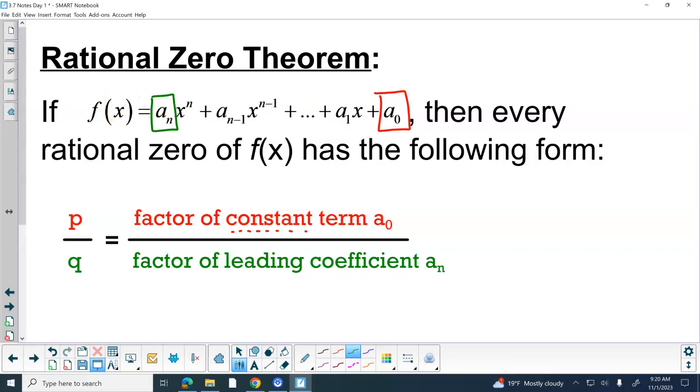So any rational zero is going to be of that form for any function.